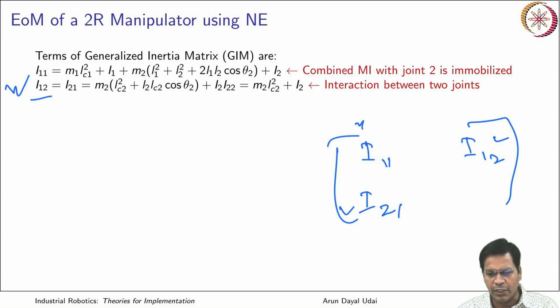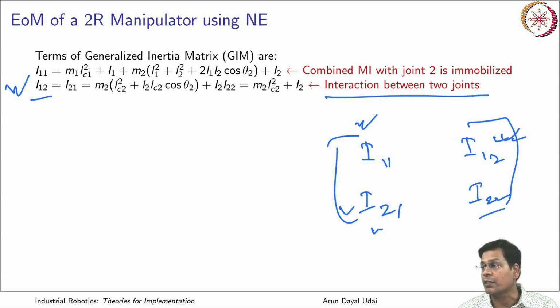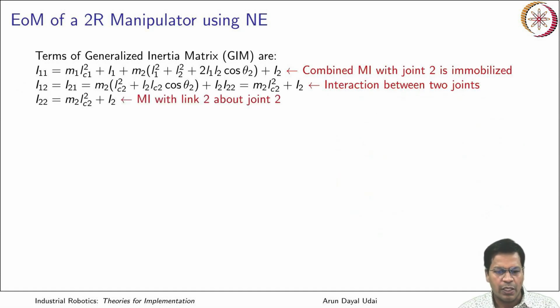This one is the pure moment of inertia, and this also will be a pure moment of inertia, but this one and this one are due to the interaction between the two joints, and that is given by this moment of inertia. This is the physical significance we have seen earlier also. And I22 is nothing but the moment of inertia of link 2 about joint 2. This is the simplest one.